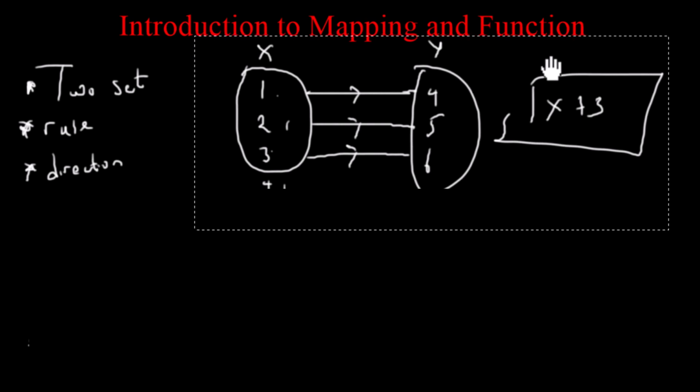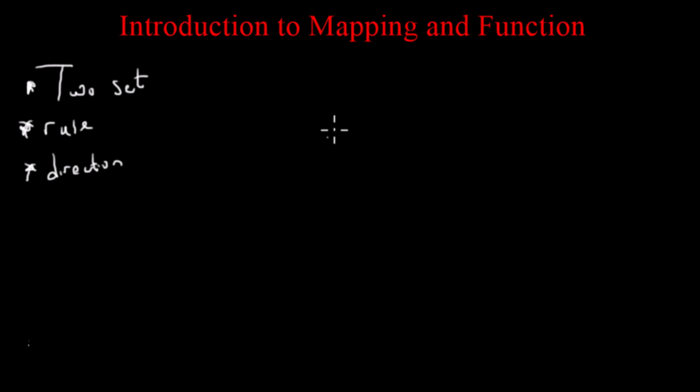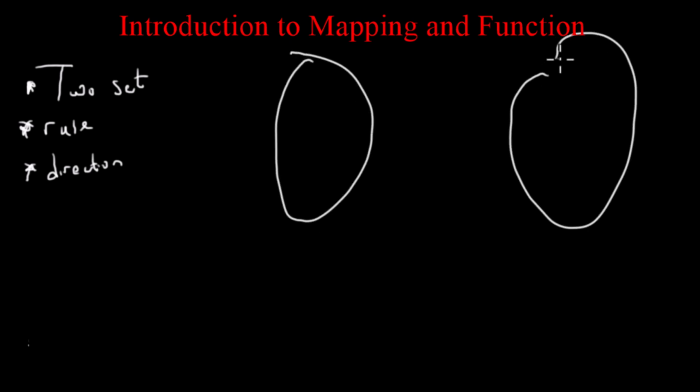So let's say we have another set of mapping. This time around, let's say we have 1, 2, 3. Then here we have 4. Here I have a dash.